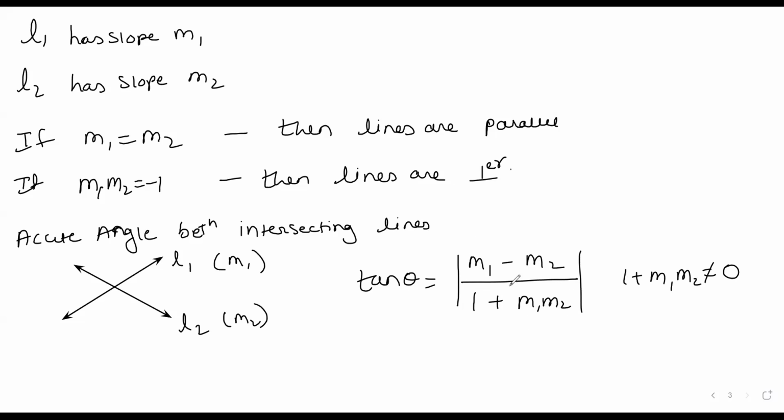And by putting the modulus, we'll ignore any minus sign. So this is the acute angle between the intersecting lines.